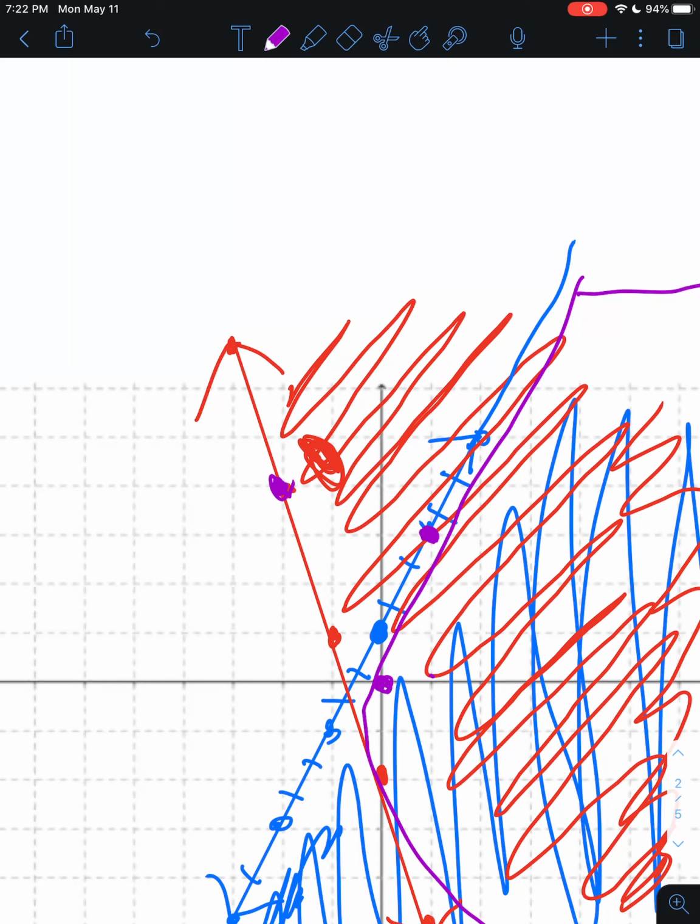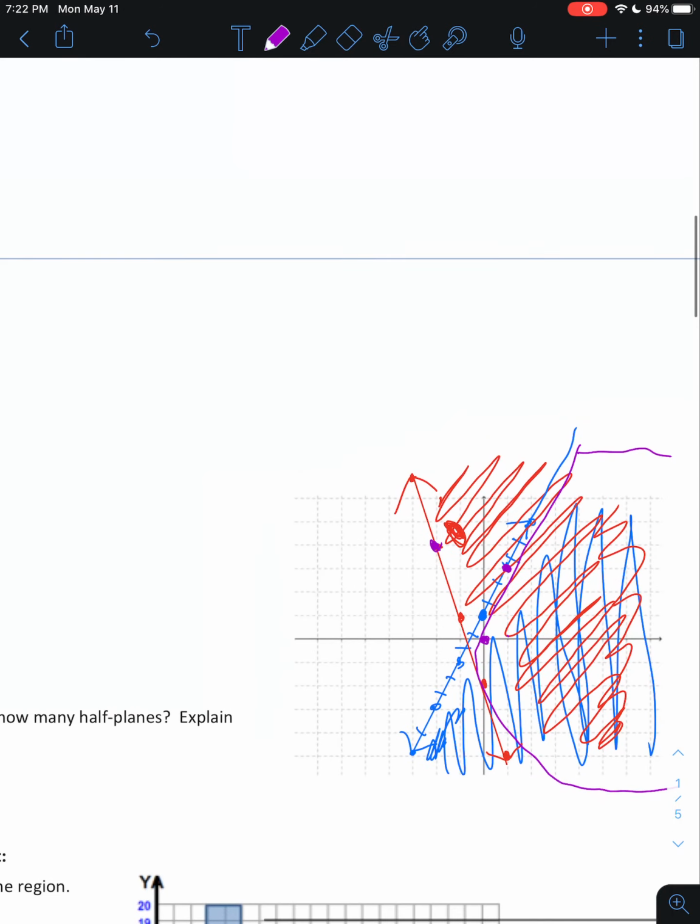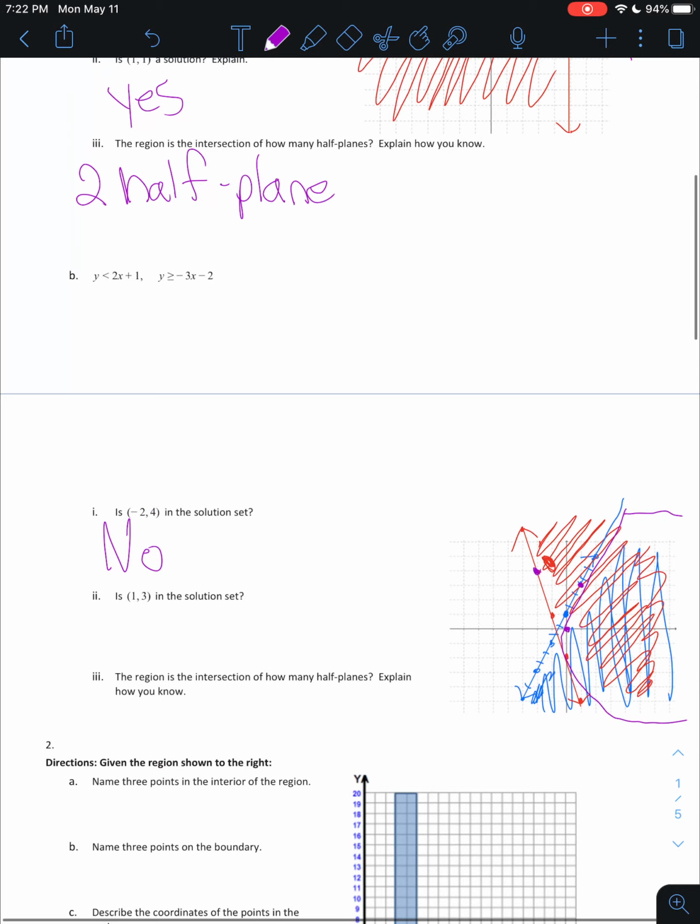Notice it's on this blue line we made, right? Now the issue here is, our blue line was this first equation, right? You see how it's not an or equal to symbol? It's just less than. That means we're not including what's on the line. So 1, 3 would also not be in the solution set.